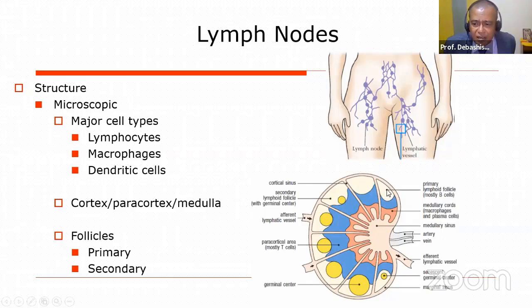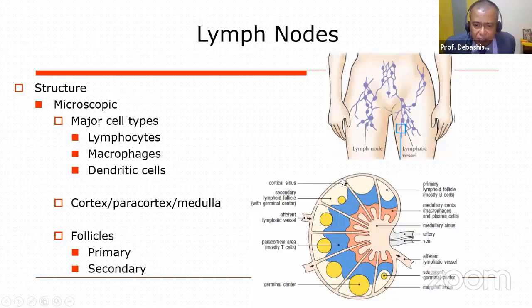In the cortex we have primary lymphoid follicles containing mostly B cells. We also have secondary lymphoid follicles with germinal centers. This is how a mature germinal center looks, and this is a senescent, dying germinal center. In the paracortex we have mostly T cells, and in the medullary cord we have macrophages and plasma cells.